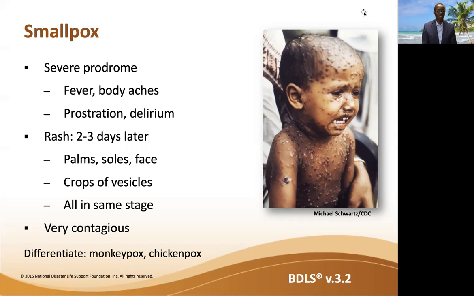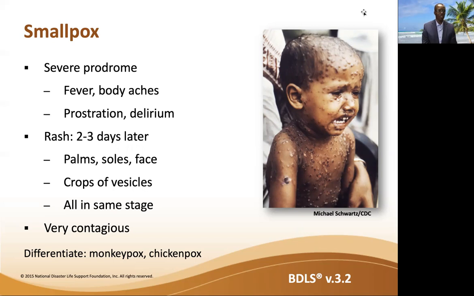Classically, the rash begins on the face, palms, and soles, which few other rashes do. It then spreads towards the trunk and the rest of the body. The rash starts as small red dots, then become little fluid-filled sacs, which eventually grow together. The lesions look similar to chickenpox. However, smallpox lesions will all be in the same stage of healing and tend to be smaller than chickenpox lesions.